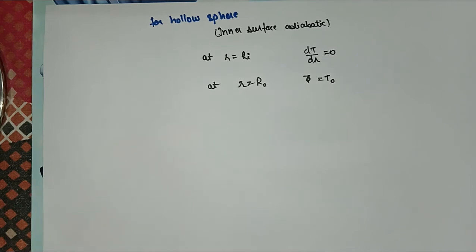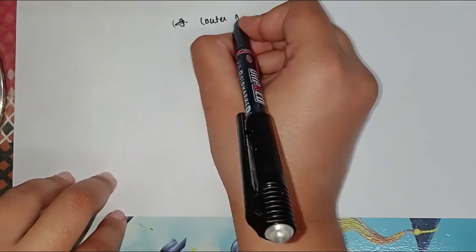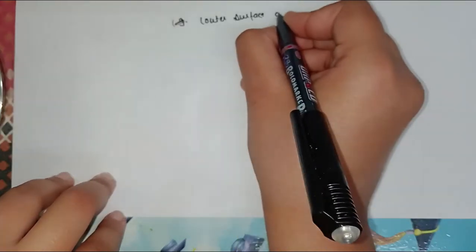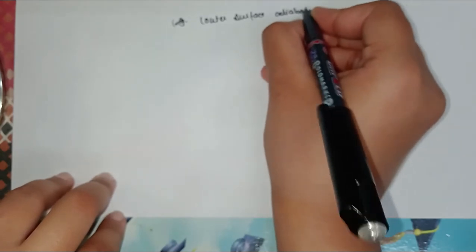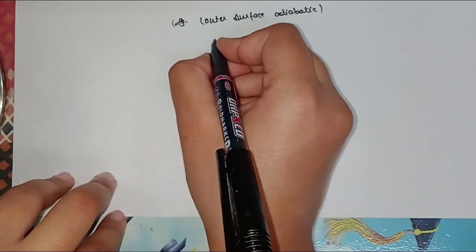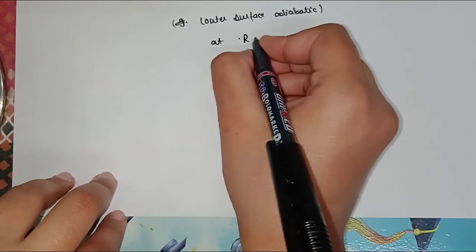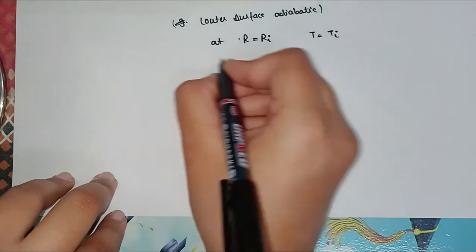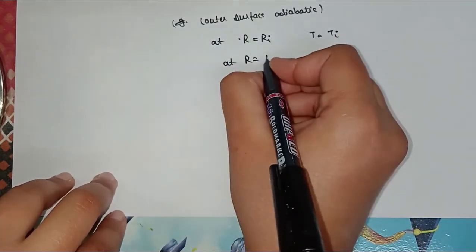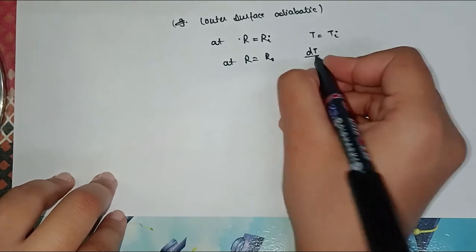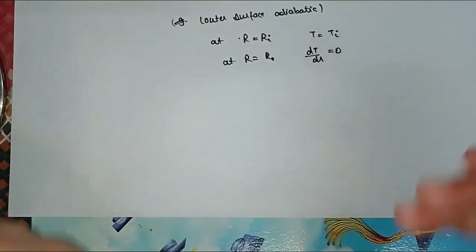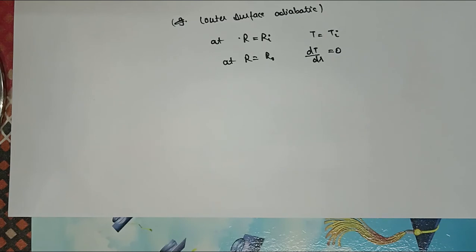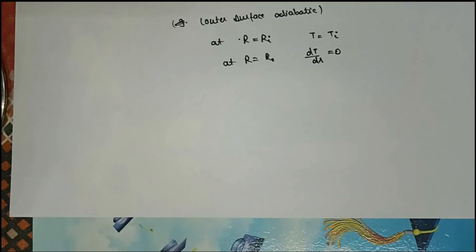Substituting these in the above equations, we will get the equation for a hollow sphere with inner surface adiabatic. Now when the outer surface is adiabatic, the boundary conditions are at r equals r inside, T is T inside, and at r equals r outside, dT/dr is 0. Substituting these values in the above equations, we will get the general equation in case of a hollow sphere when the outer surface is adiabatic.